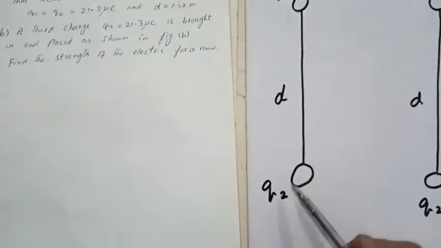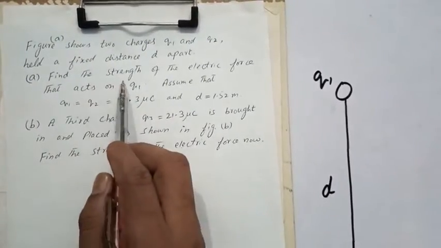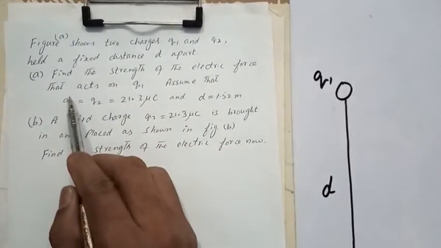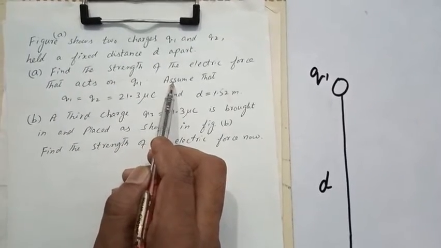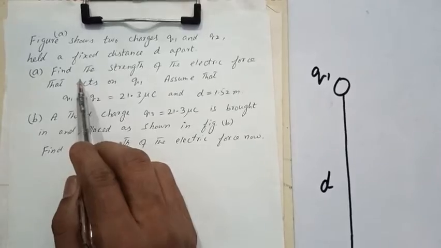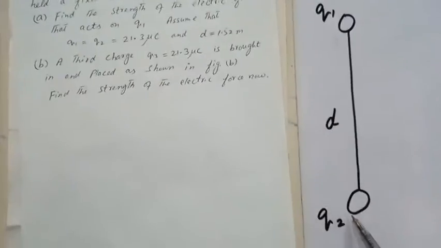This is shown in figure A. Two particles Q1 and Q2 are at distance d from each other. Find the strength of the electric force that acts on Q1. We are asked to calculate the force acting on charge Q1 by charge Q2.